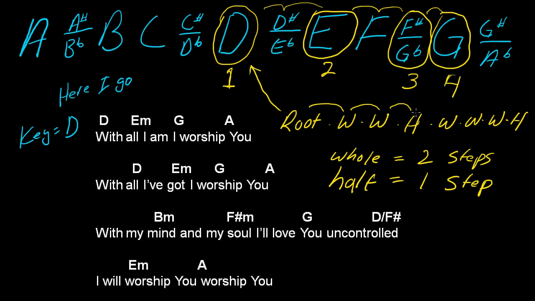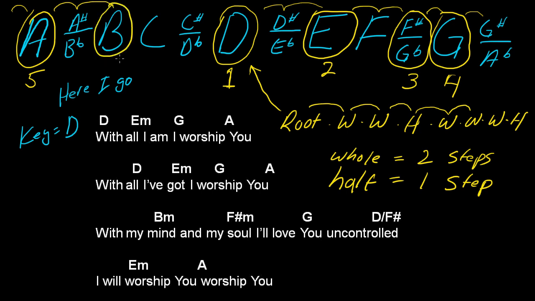Then from here, whole is 2 steps away, 1, 2, and it continues over to here. So that is number 5. You're just counting 1 through 7. From here to here is a whole step, 2 steps, 1, 2.